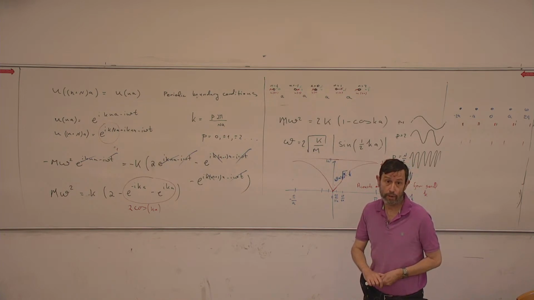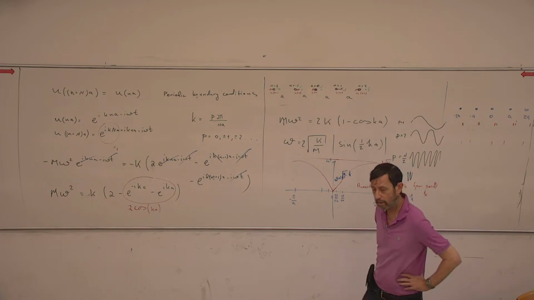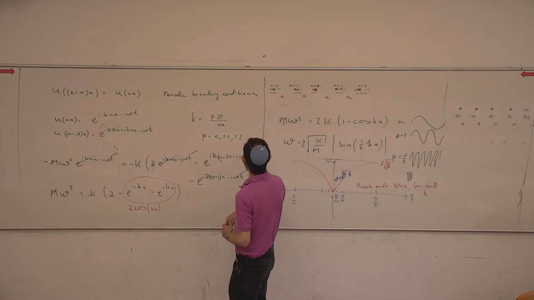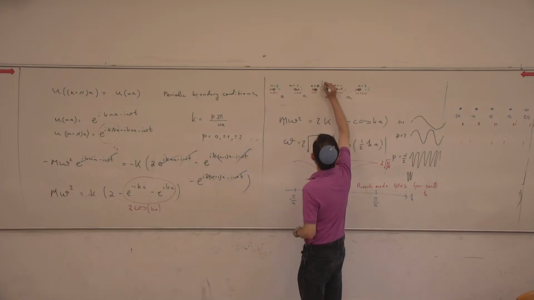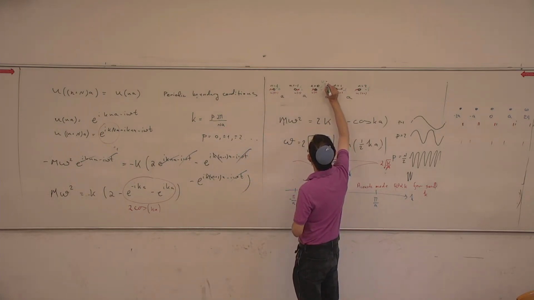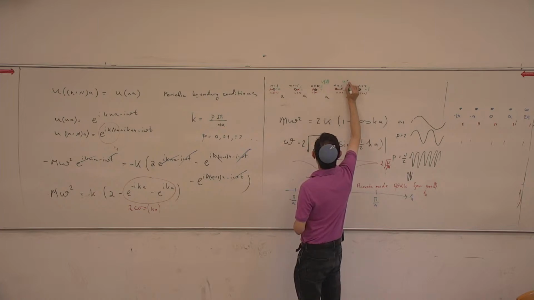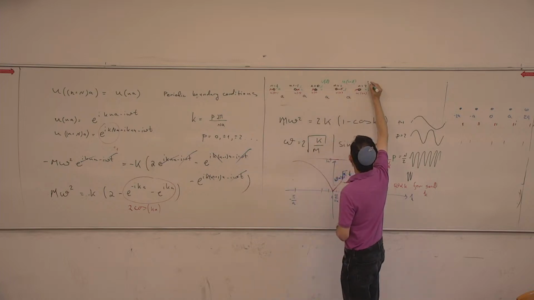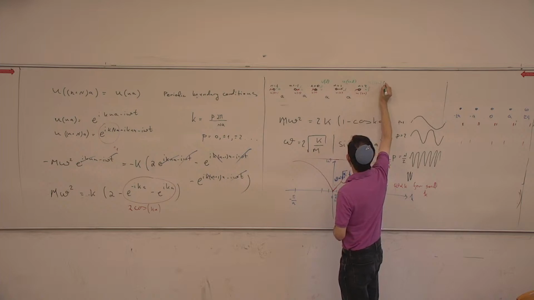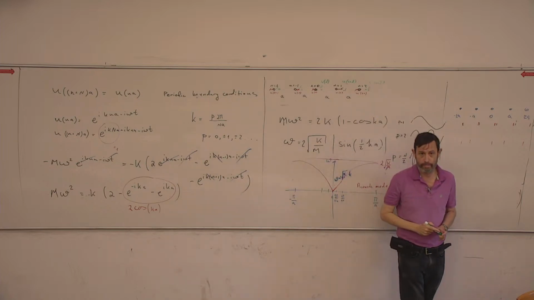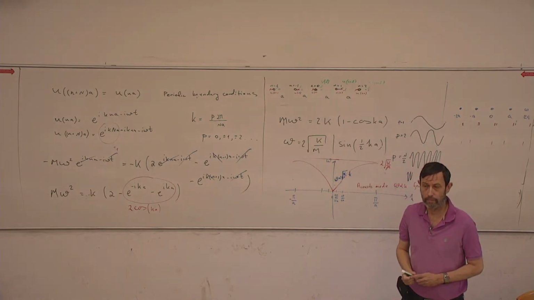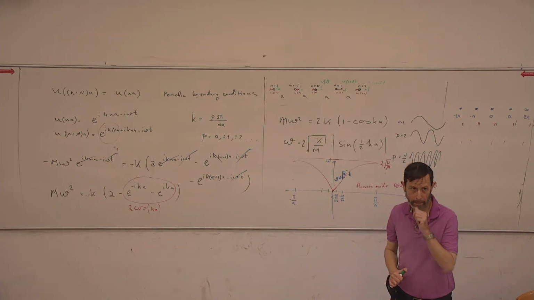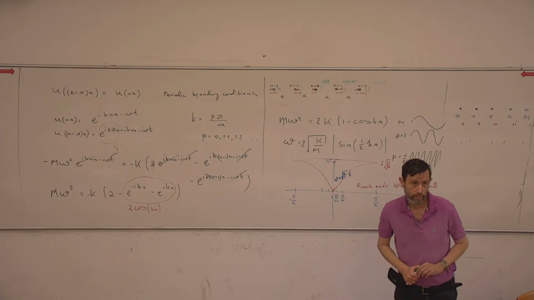Again, if I'm not at equilibrium, we'll have to talk about u of d, u of a plus d, u of 2a plus d, and so on and so forth.